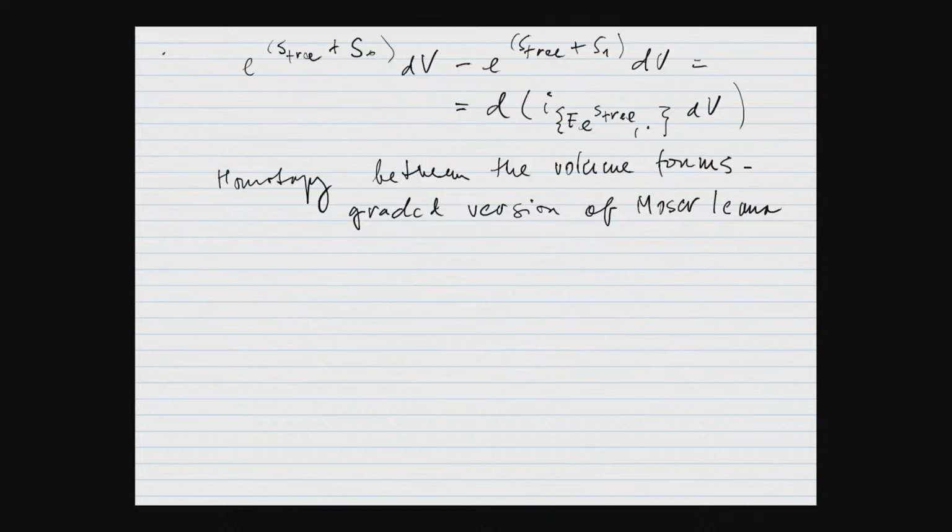Actually, you can rewrite this so you can add the free actions and consider the difference of the volume forms and show that it is exact with respect to the BRST differential. You may recognize some graded version of the Moser lemma, telling you that if you have two volume forms which are in the same de Rham cohomology class, you will find a diffeomorphism relating them.